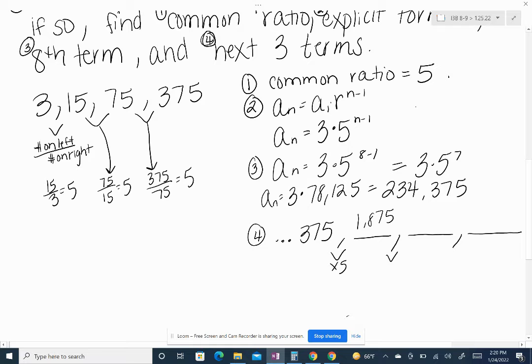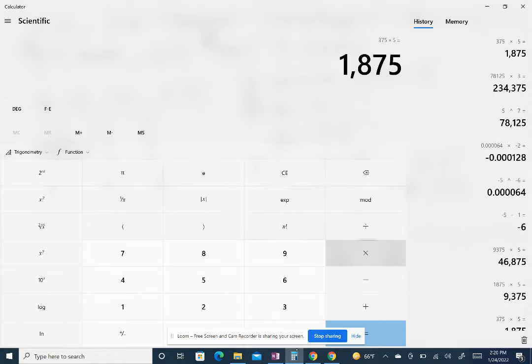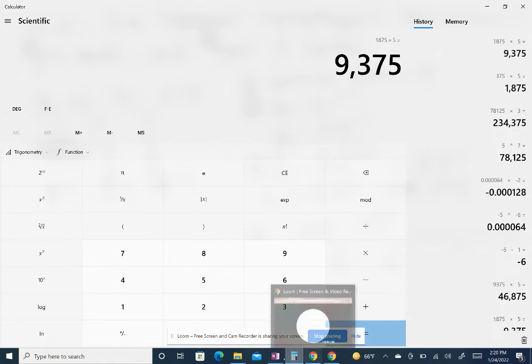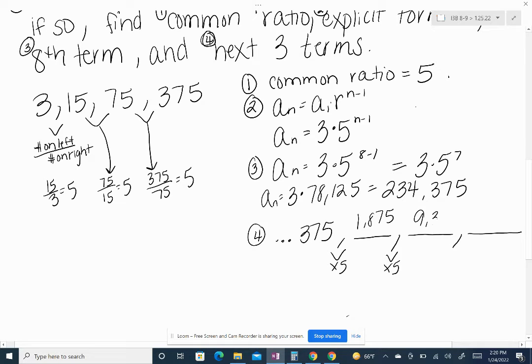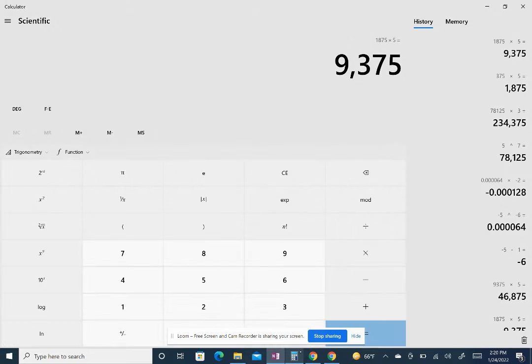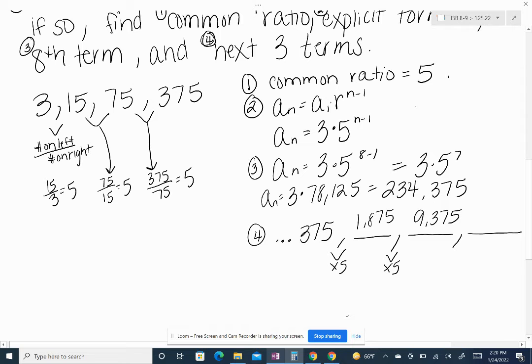Then multiply that by 5: 9,375. Multiply that by 5: 46,875. Okay, and that would be all 4 things that it asked for.